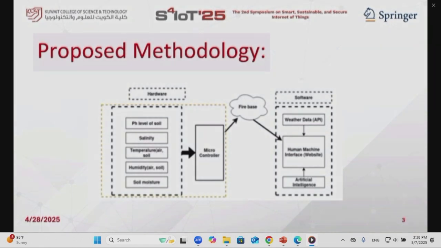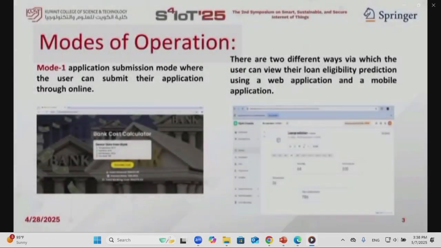Next, coming to the modes of operation, we have two modes. The first one is the application submission mode. In this, the cost of a loan is calculated with the interest, and it is displayed on the screen with all those details.